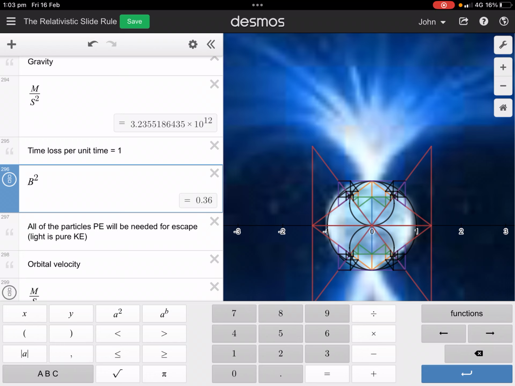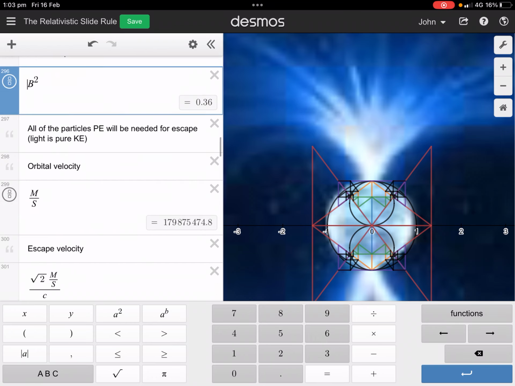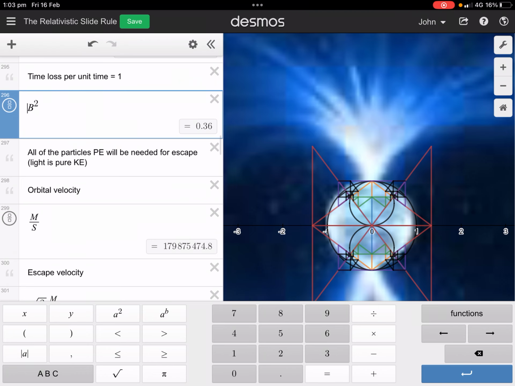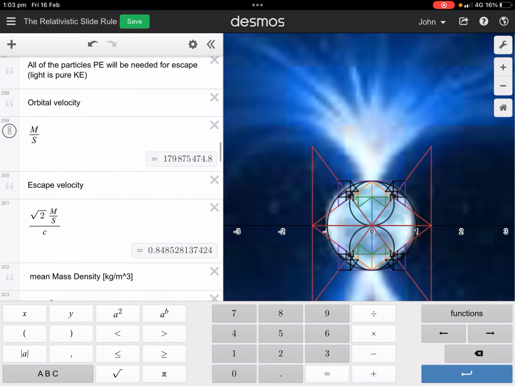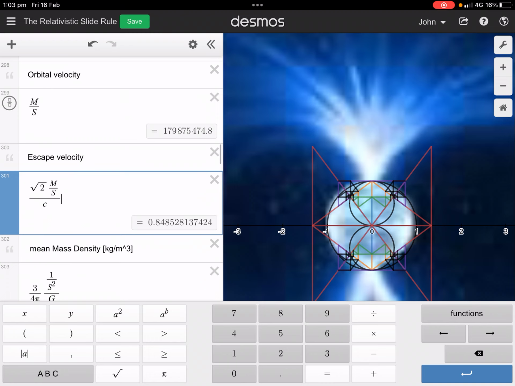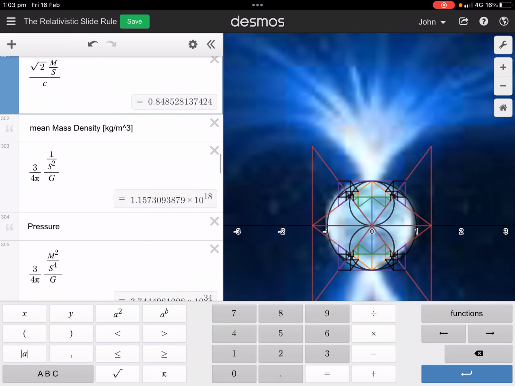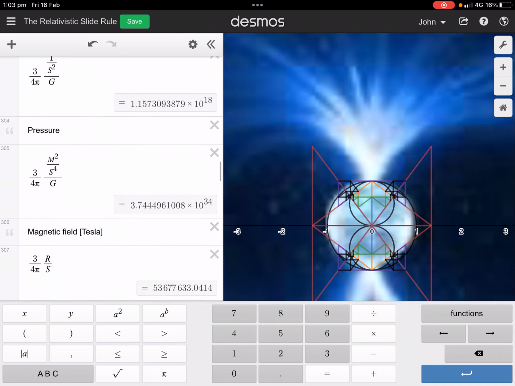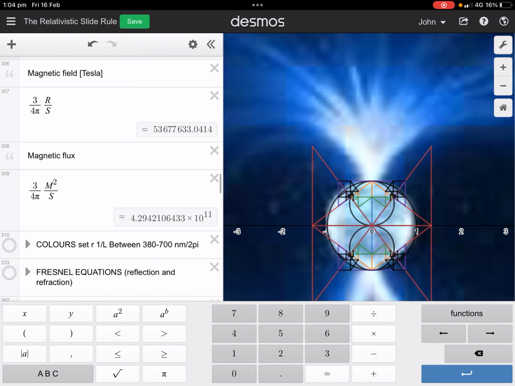Okay, so it's going to lose about 0.36 units of time per unit of time in outer space, flat space-time. Escape velocity is always over half the speed of light, so it's over 0.5. Density is huge, pressure is huge.